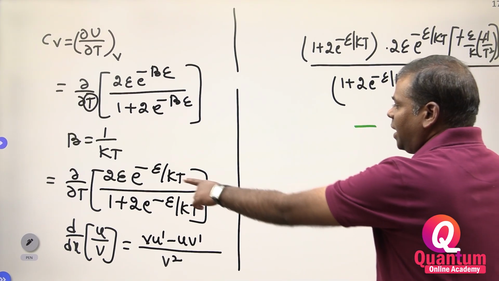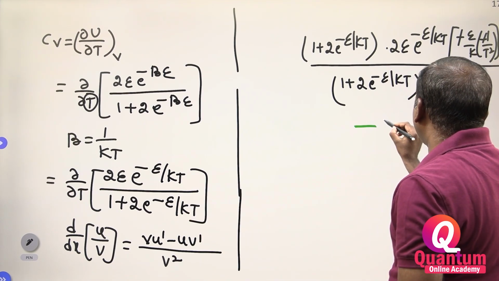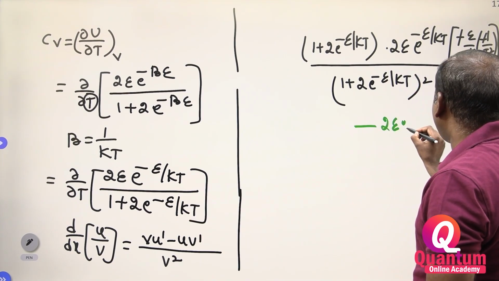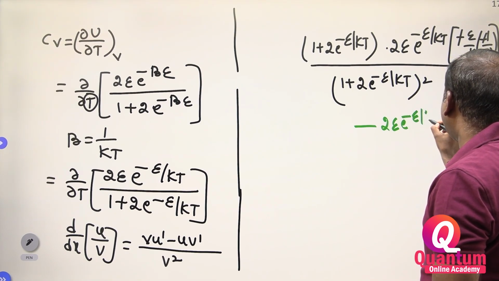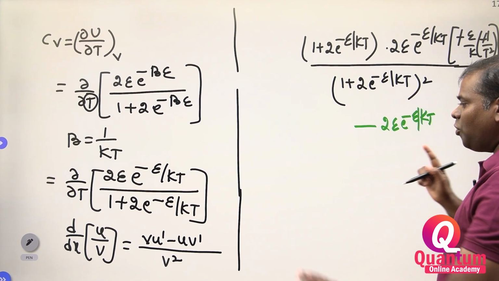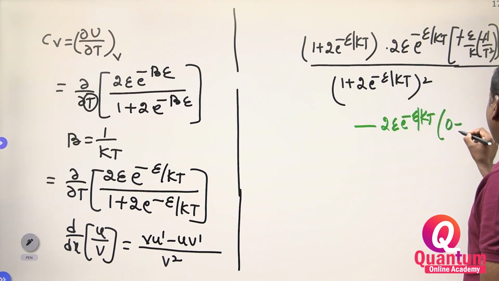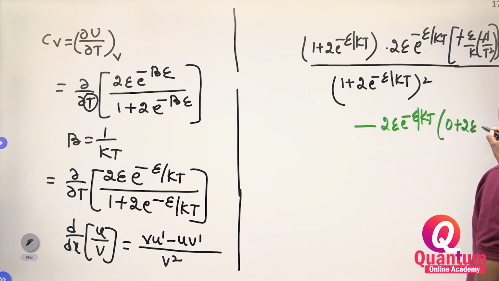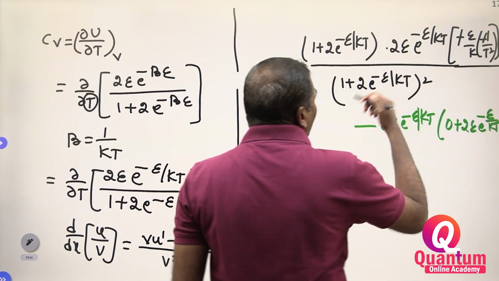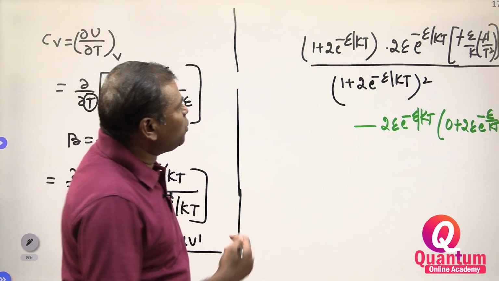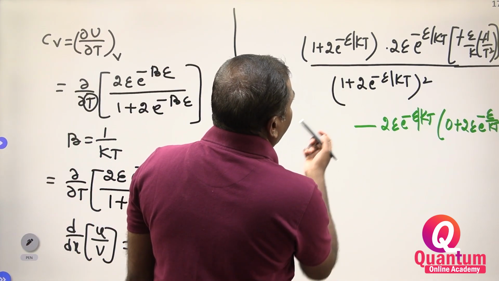Now minus, next what we have to do? u into 2ε e^(-ε/kT), v' is equal to 0 plus 2ε e^(-ε/kT) into minus ε by k into minus 1 by T². Therefore, you have to multiply the things.